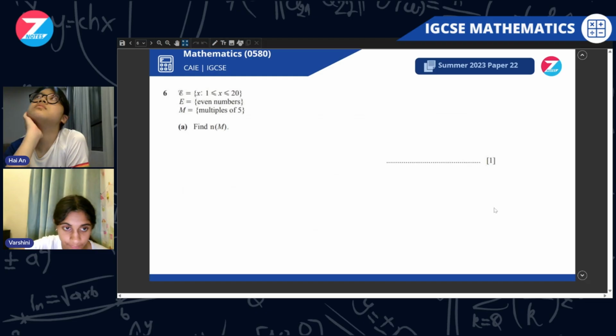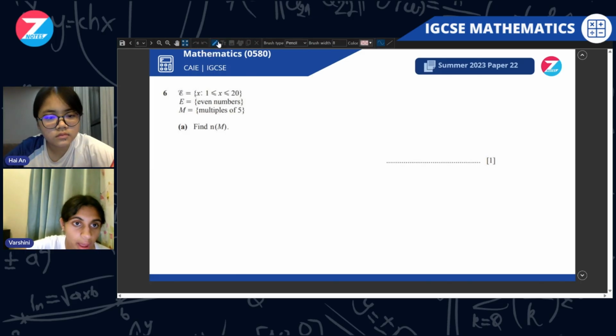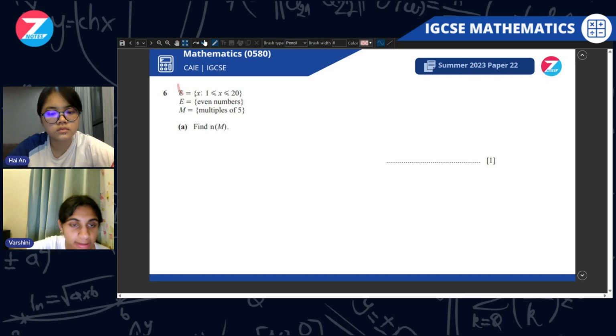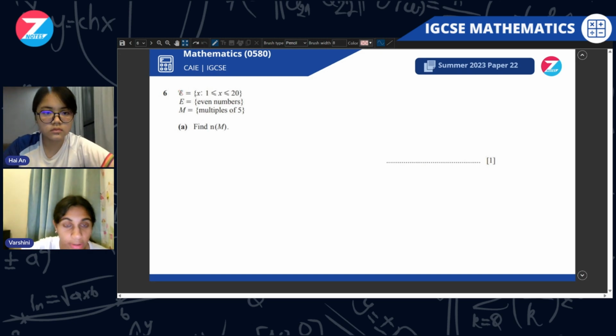Okay. Question 6. They've given us the symbol over here, and we know that this means the total number of elements in a set, all the elements in the set.